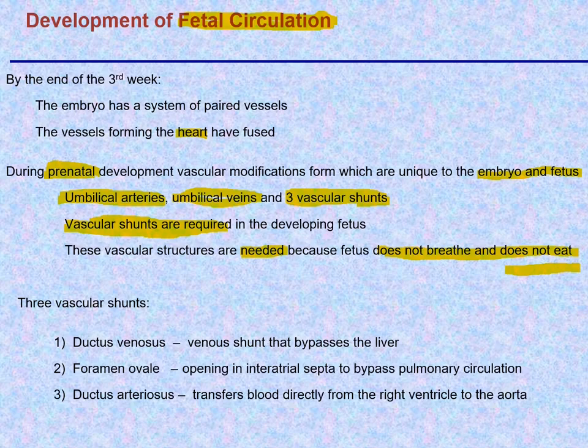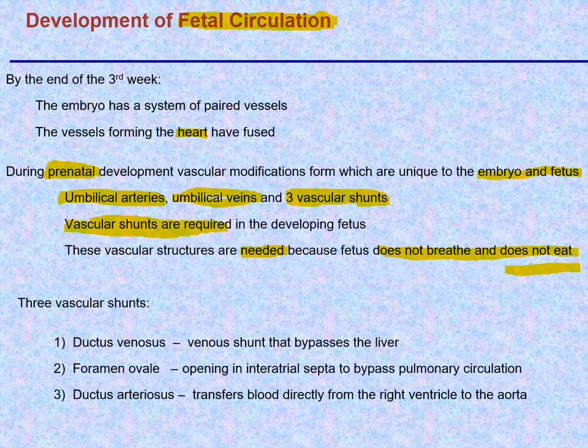The 3 vascular shunts that are in the developing embryo and fetus exist because of the unique characteristic of having the mother do respiration essentially and provide nutrients.